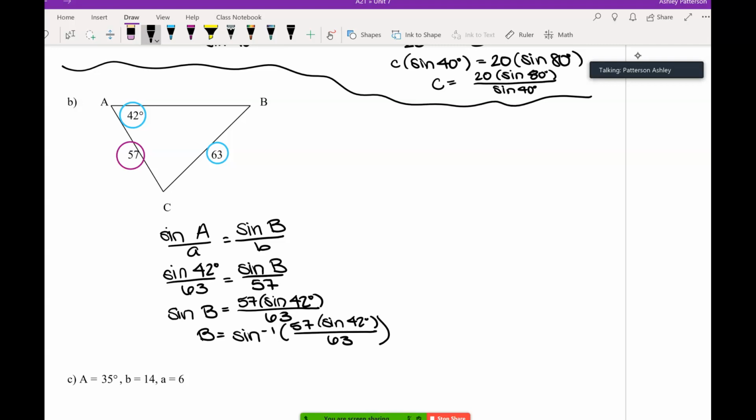Please do this in sections if you need to. You could do 57 times the sine of 42 and press enter, divide it by 63 and press enter, and then you can take the inverse sine of your answer, and we should get that the measure of angle B is approximately 37.3 degrees.